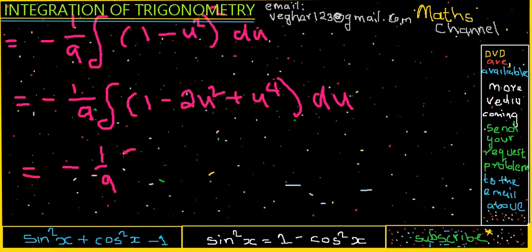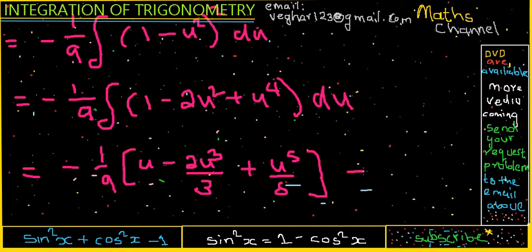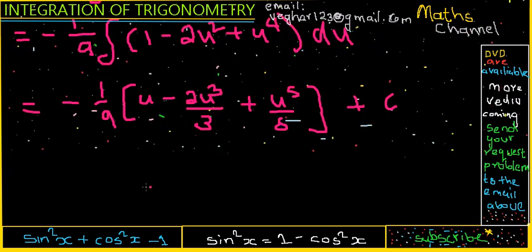Then integrating this, we have u, 3, plus, but what did we say about u?